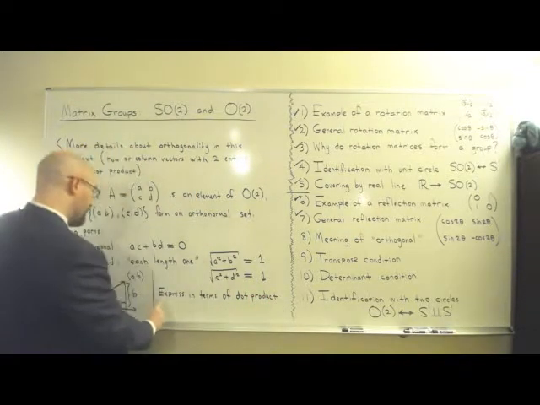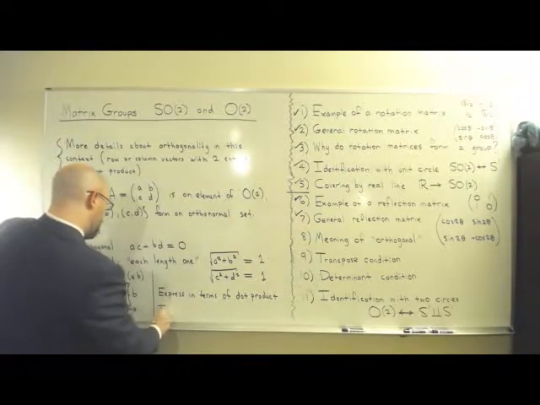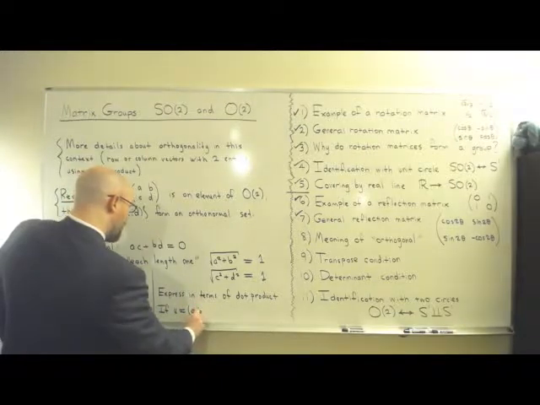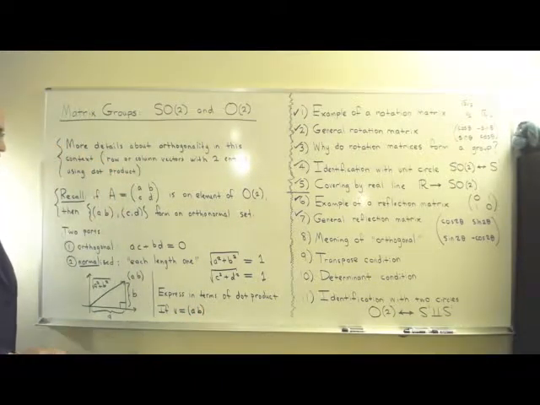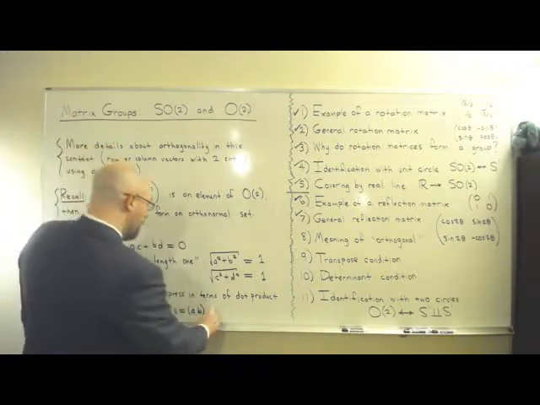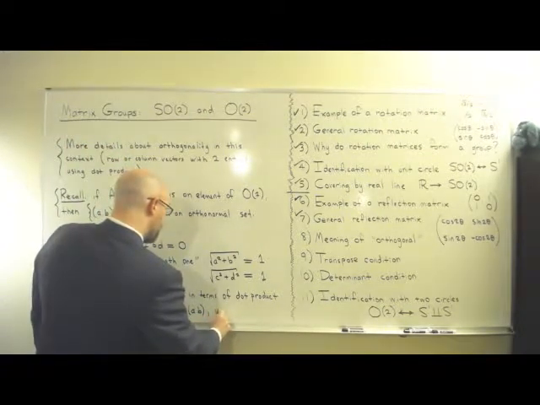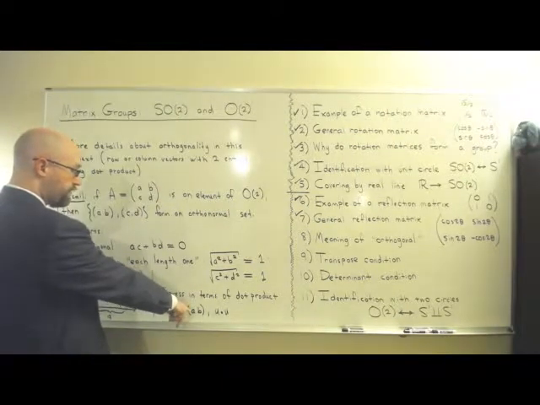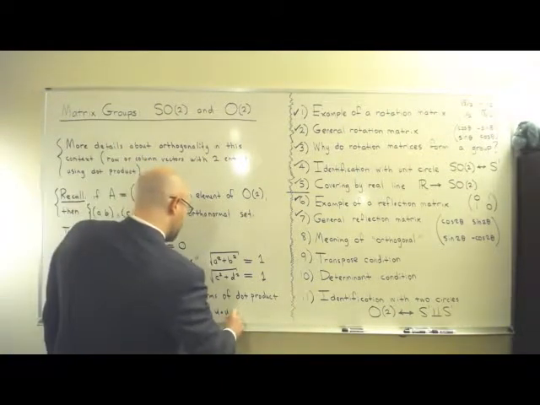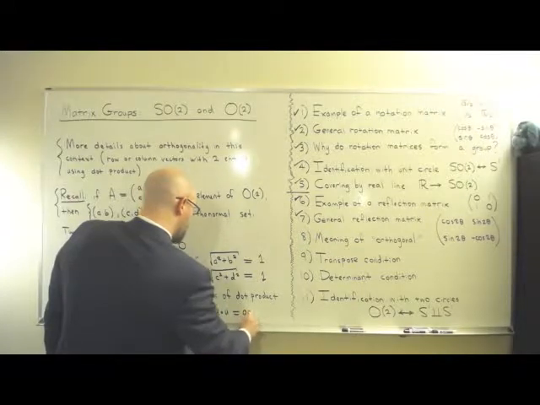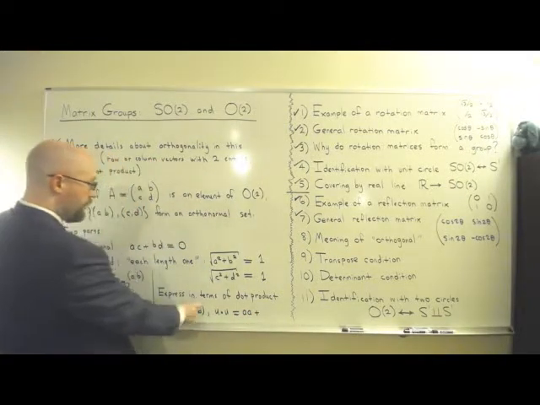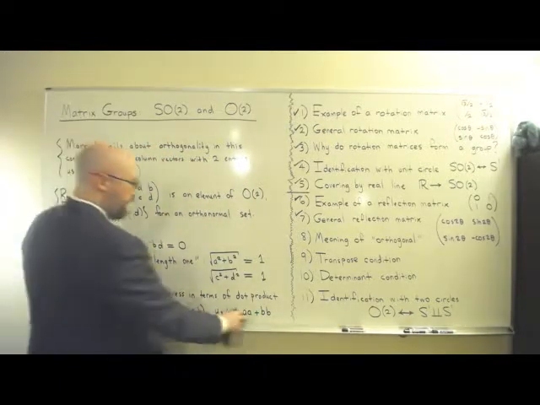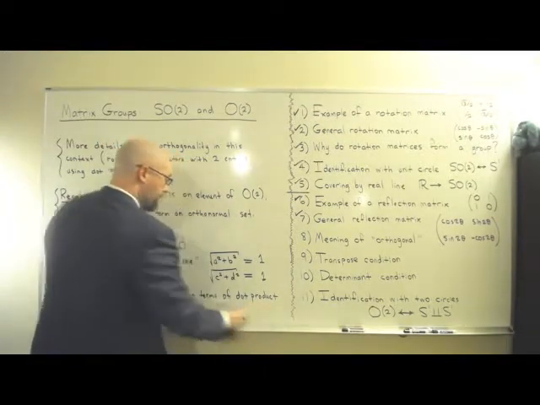This is getting a little bit messy, but if I name this vector I've been calling AB as u, then u dot u is that thing dotted with itself. So it's the first component of u times the first component of u, so that's A times A, plus the second component times the second component, so that's B times B. And of course, what is that? Well, that's A squared plus B squared.